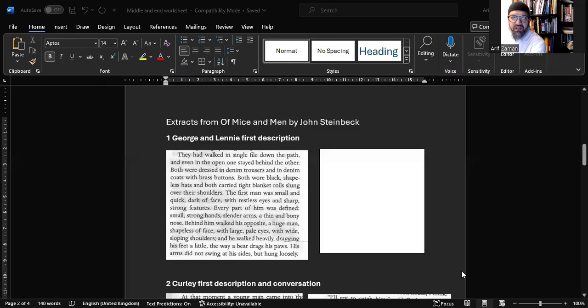Now, the first extract describes George and Lenny, and that's not really what we want to look at. The second extract, if I scroll down, before I do that, let me get my annotate. So I'm going to scroll down here.